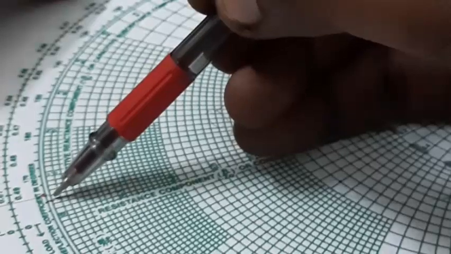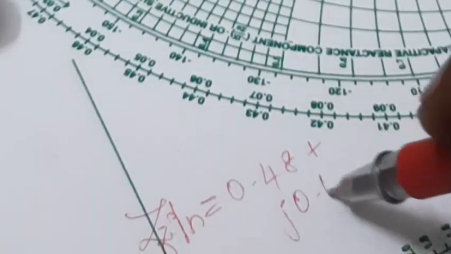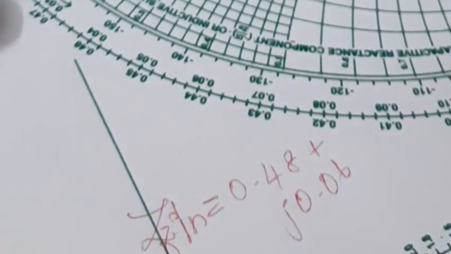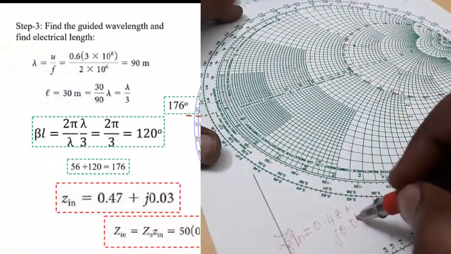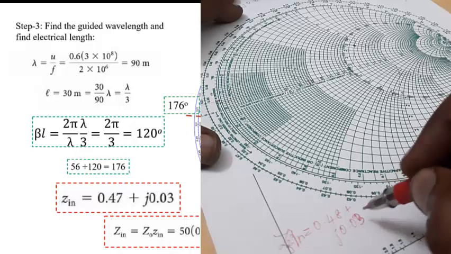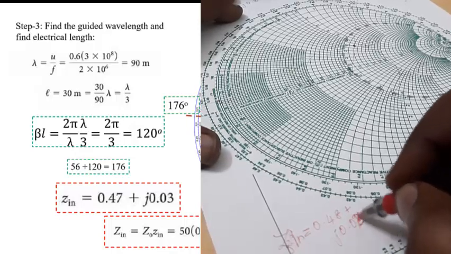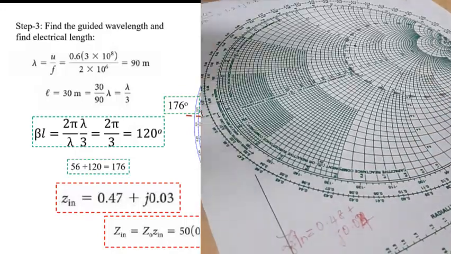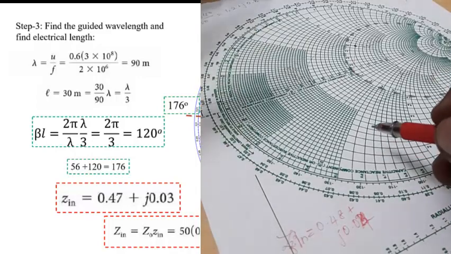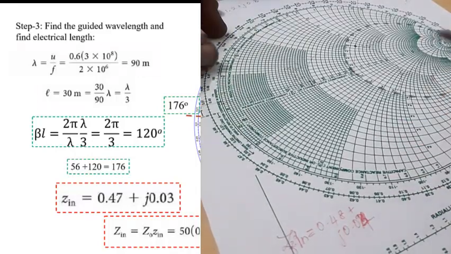This is 5, this is 6, so it is 0.06. Sorry, this is actually before 0.5, so maybe we can put 0.3 or 0.4 also. This is my observation, but the accurate value is 0.47 plus j 0.03. That is the accurate value, and nothing wrong in it.